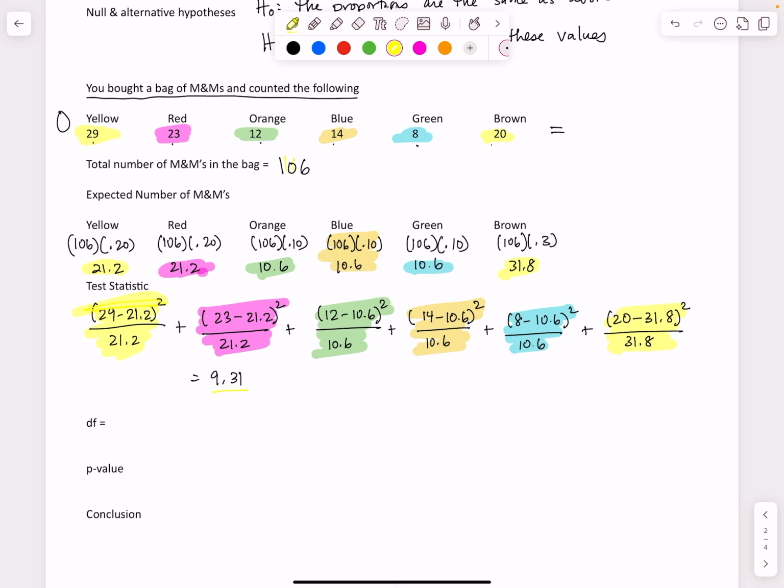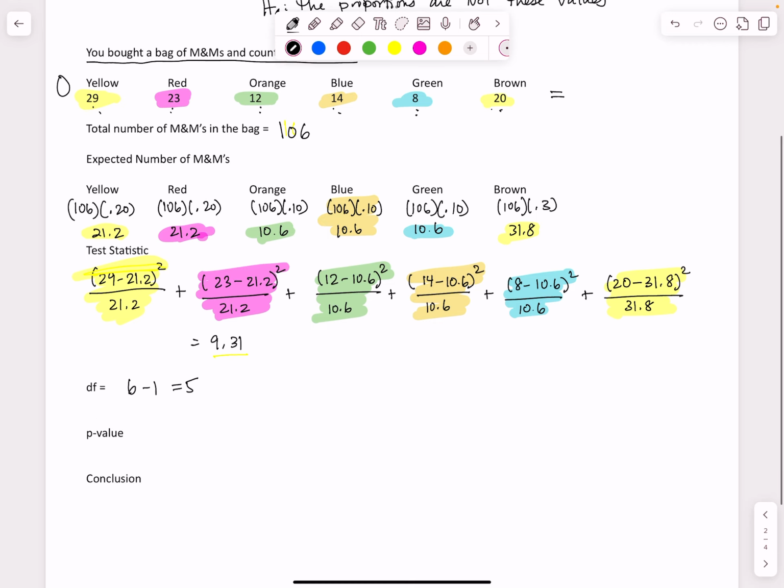Now for this one, I have 1, 2, 3, 4, 5, 6 colors. So subtract 1, my degree of freedom is 5. And then from the chi-squared table, you would go to row 5, and you would see that 9.24, 9.31.